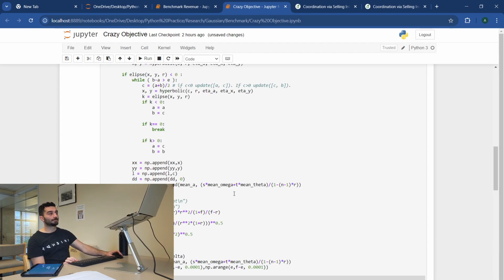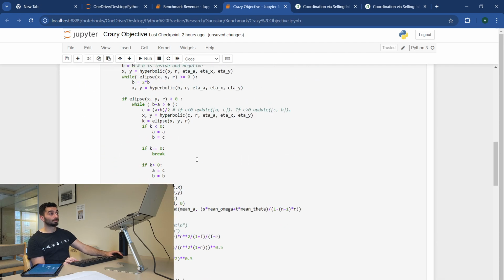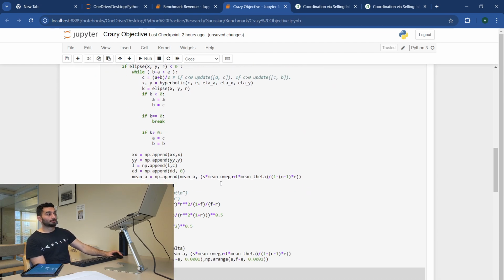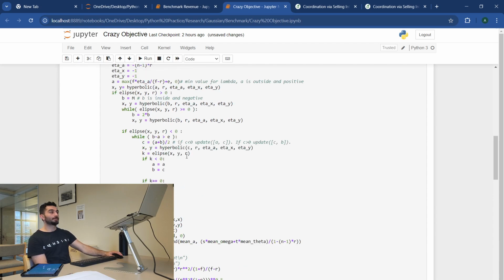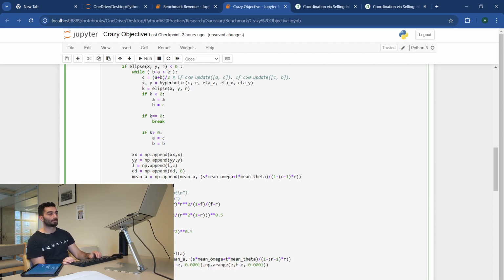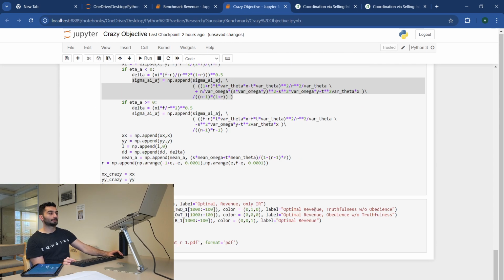It's a less than 0. So if eta is less than 0, second place divides n minus 1, 1 plus 0.